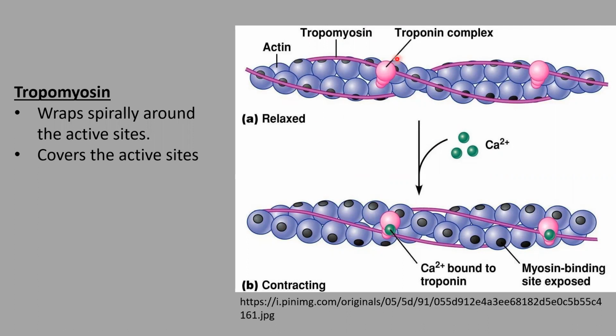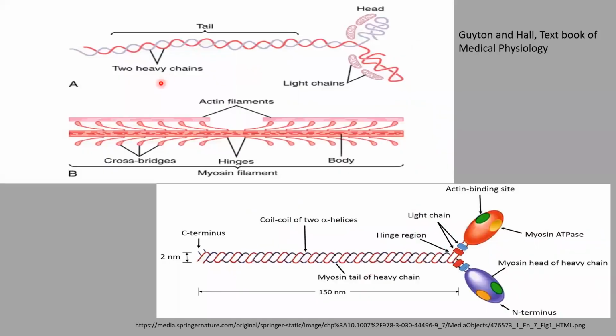So during the relaxed stage, the tropomyosin that covers the active site is removed during contraction, so the site is exposed. Myosin has 2 heavy chains that wrap spirally.